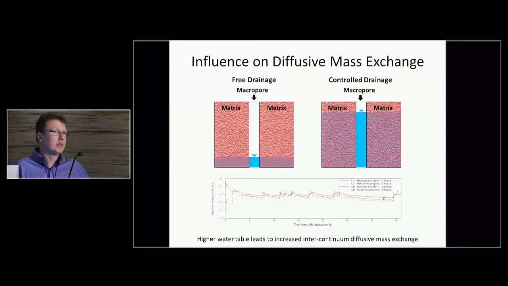So this is another one of the phenomena that we were able to tease out of the model, which explained this concentration anomaly we observed in the field data.